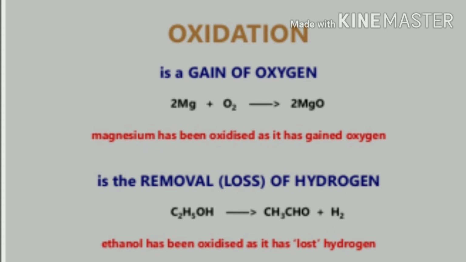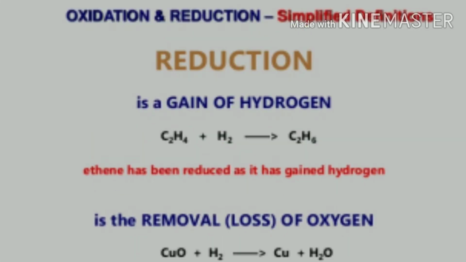Now let us understand oxidation and reduction. In the most simplified form, oxidation is a process which involves addition of oxygen or removal of hydrogen. And reduction, it is just the opposite of oxidation. So it involves removal of oxygen and addition of hydrogen.